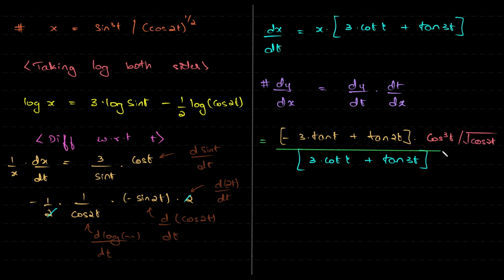The same expression goes with the denominator: sine cube t divided by square root of cos 2t. So this and this get cancelled, and we end up with cos cube t by sine cube t, which is 1 by tan cube t.